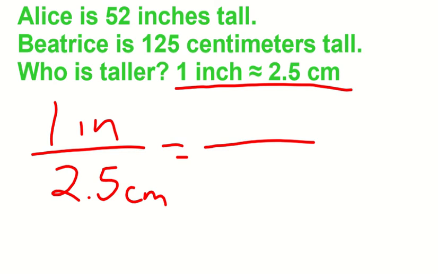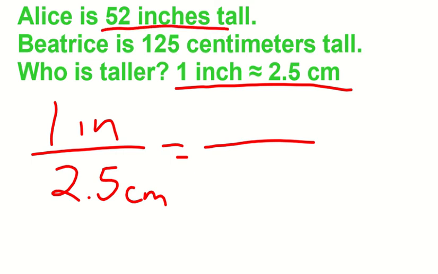What you would want to do is probably look at the answer choices. Or in the question, sometimes it'll ask who's taller and by how many inches. If it says by how many inches, we want them both to be inches. If it says by how many centimeters, we want them both to be centimeters, okay? For right now, it doesn't matter. So I'm going to use the 52 inches.